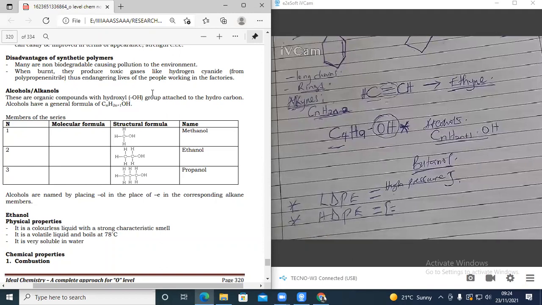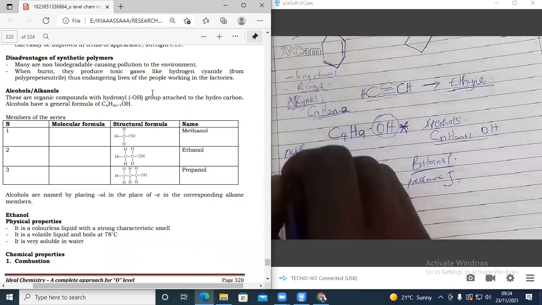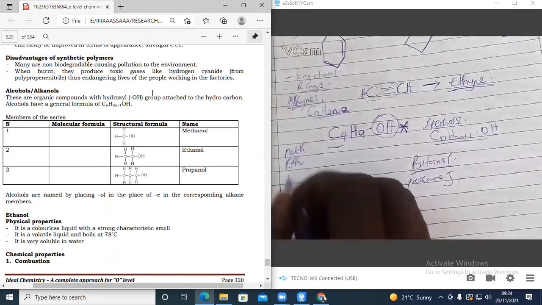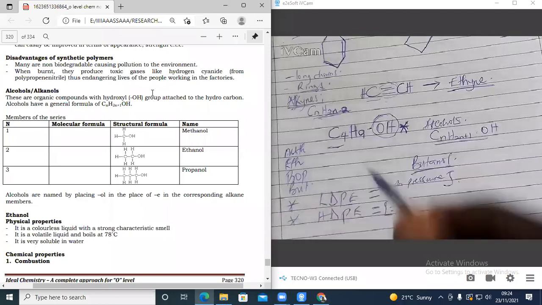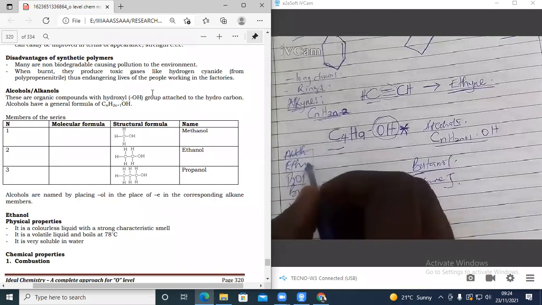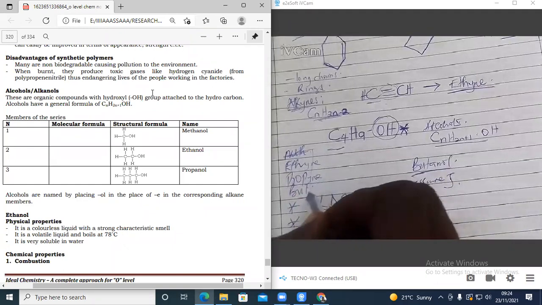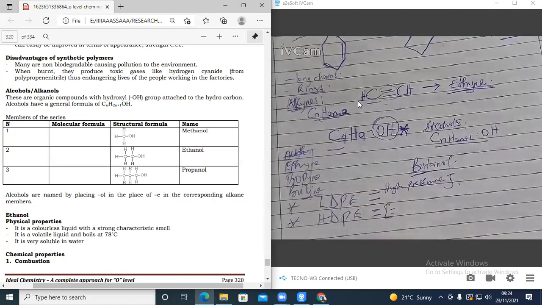Then the one with 3 is called propyne. Then you come to butyne. So the naming goes like that. Methyne is not there. We have ethyne, propyne, butyne. That is the naming of the alkynes. This is the general formula of getting them.